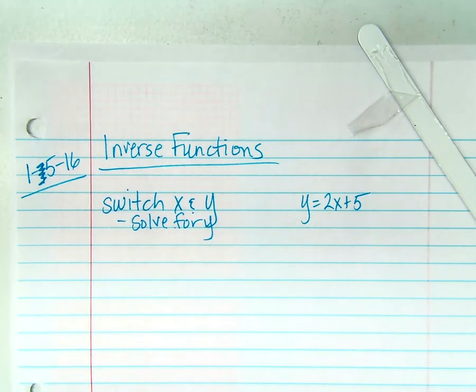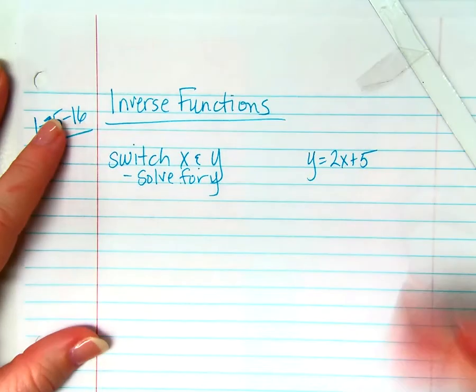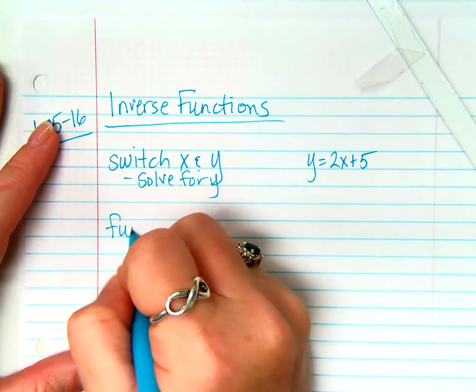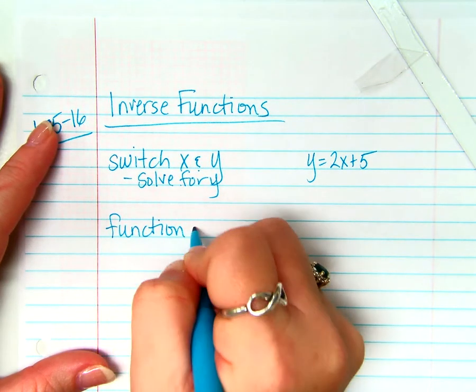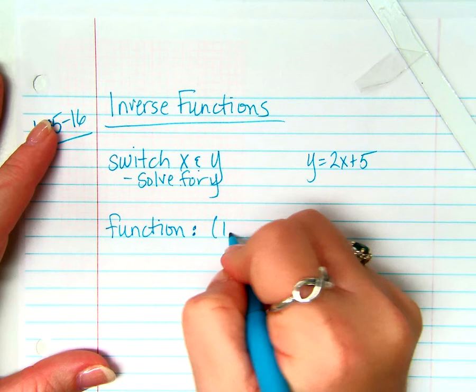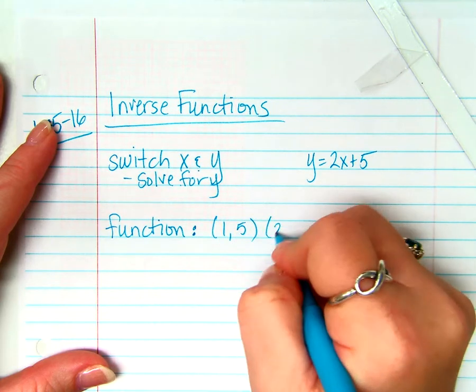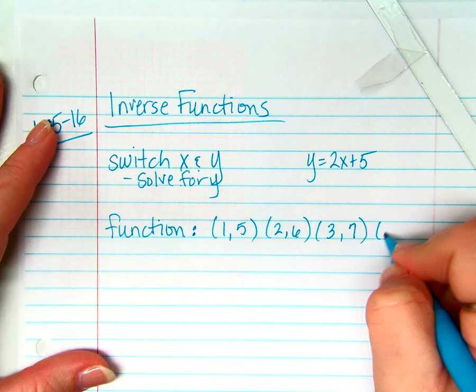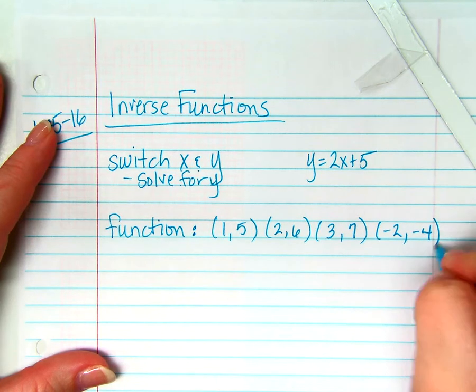Knowing that sometimes once you switch x and y, you're done, let me give you one of those situations right off the bat. Students, here's your function: 1, 5, 2, 6, 3, 7, and negative 2, negative 4.